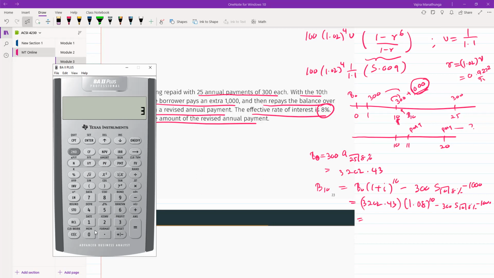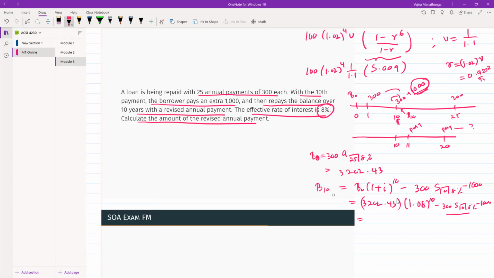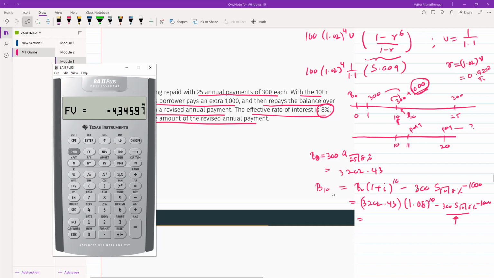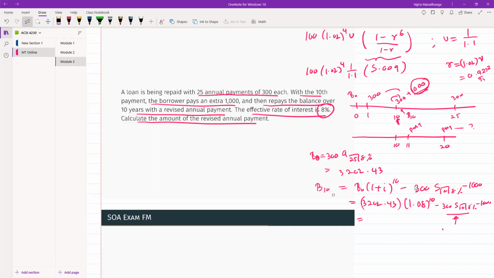Now I want to enter 300 for payment, 10 for N, 8 for rate, 0 for present value, and I need future value. I get 4,345.97.